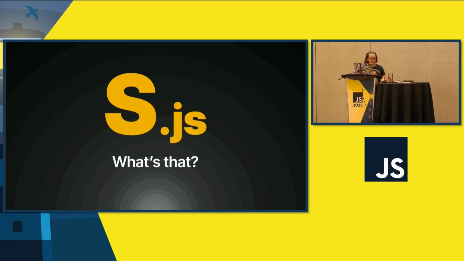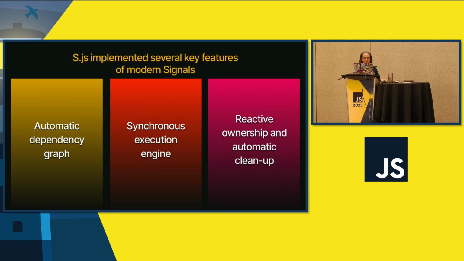And then there was S.js. You might say, well, what is S.js? It's a very small library that not a lot of people use, but S.js implemented several key features of modern signals. They implemented an automatic dependency graph under the hood, so the signal knows who its consumers are.